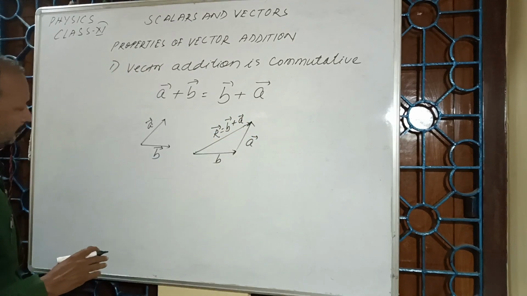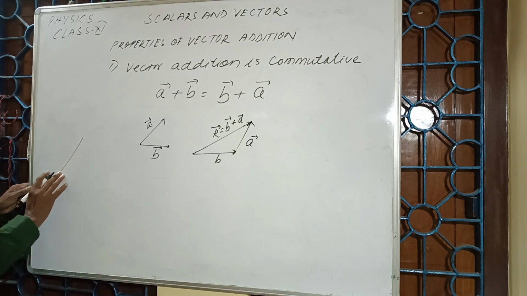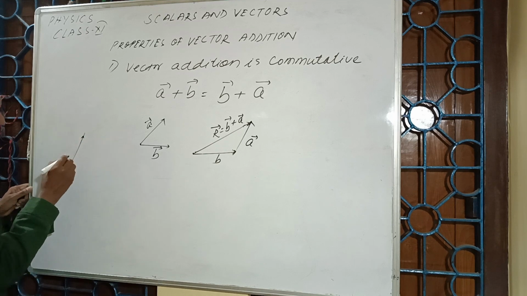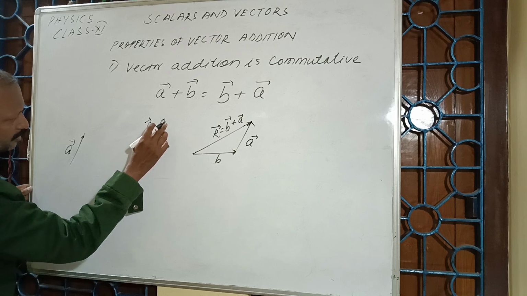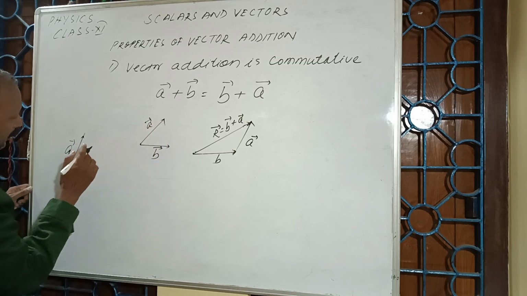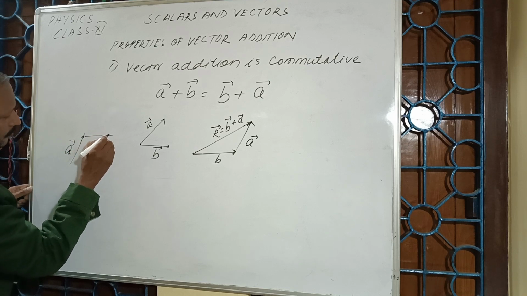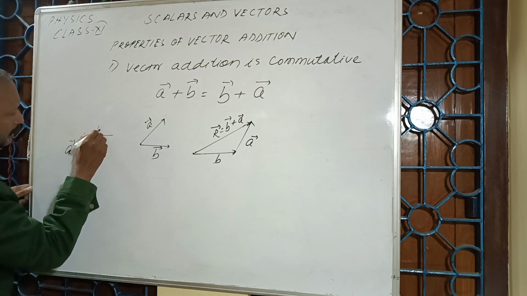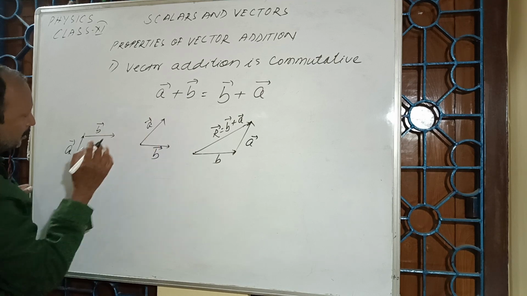Now you see here, suppose now the vector A, I am considering this is the first vector. The vector B I am shifting from here to here. That means now it is like this. This is the vector B. I am shifting it from here to here.